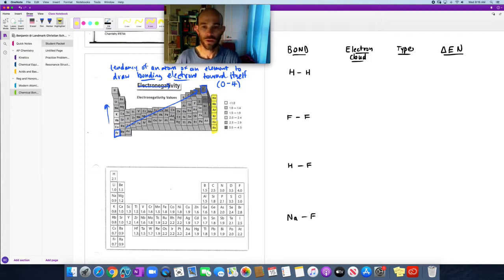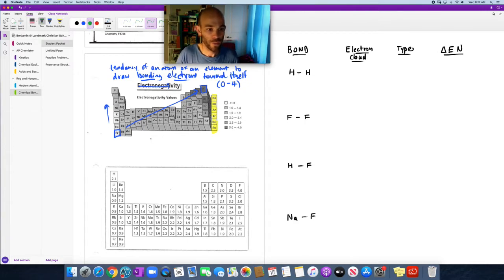Okay, so why is electronegativity important? It turns out that covalent bonding and ionic bonding, whether or not electrons are shared or transferred between two atoms, has everything to do with electronegativity values. In general, metals have very low electronegativities.